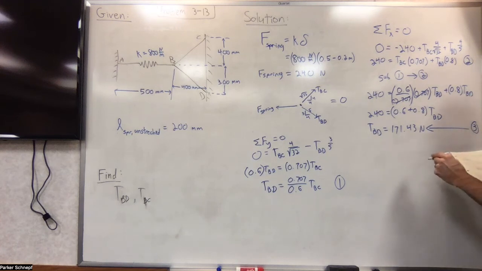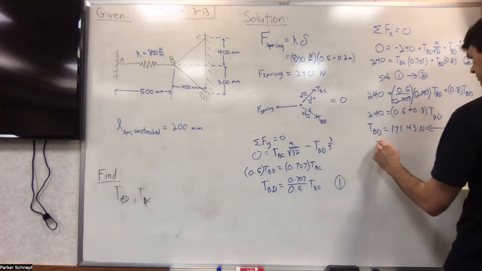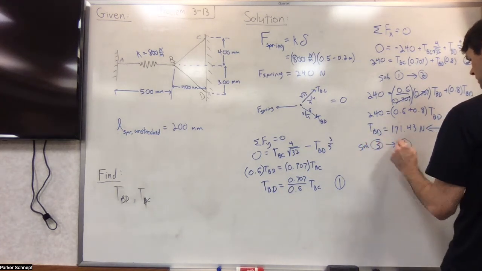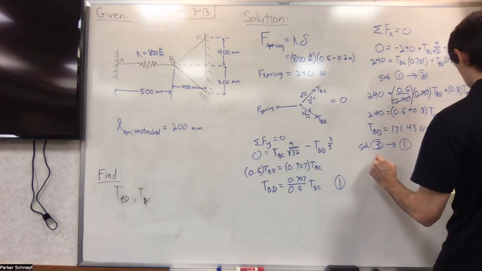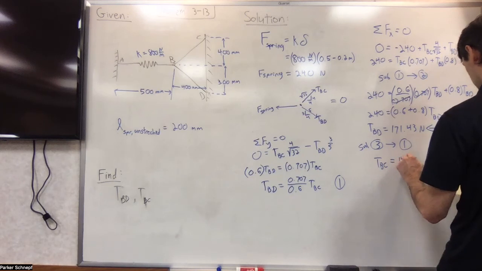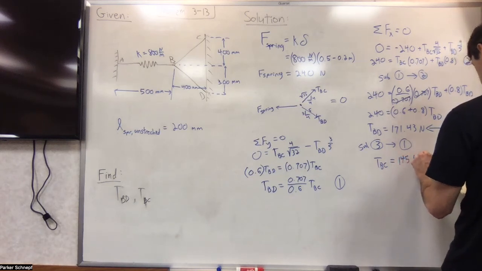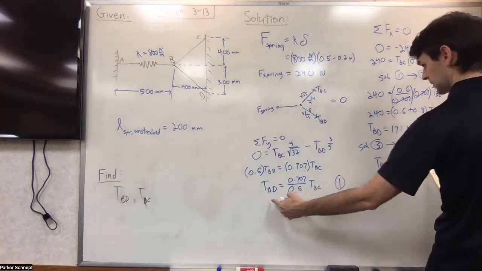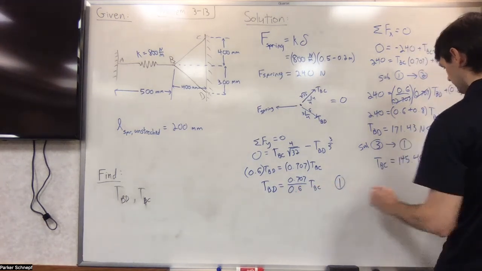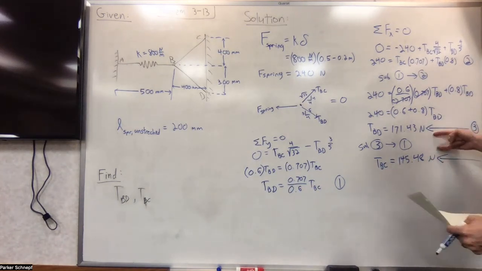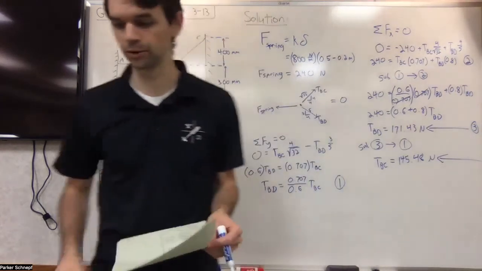Now I'm going to put 3 into equation 1, and I get that TBC, when we do the math, equals 145.48. I just took this value, plugged it right back in, and solved for my last unknown. And those are the forces required to maintain equilibrium.